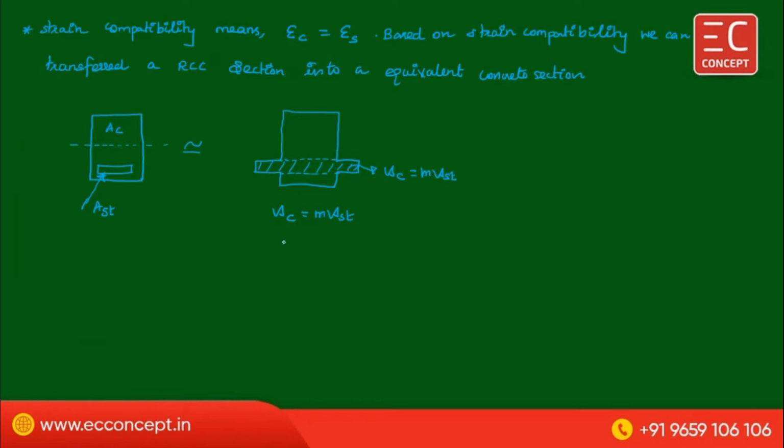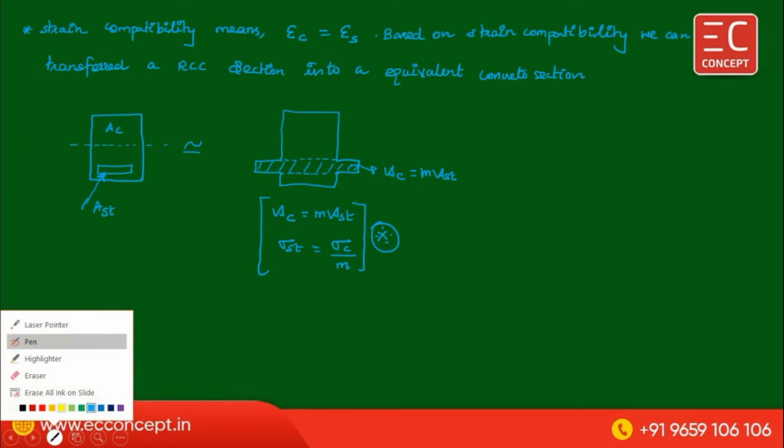At the same time, stress in steel is equal to stress in concrete divided by modular ratio. Very, very important examination question. Keep in your mind, to convert the normal RCC section into an equivalent section, you have to multiply the area and divide the stress.